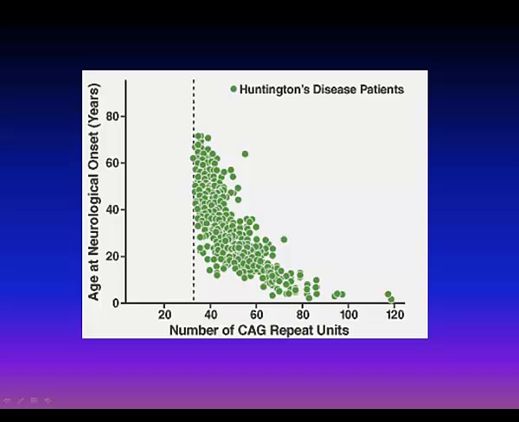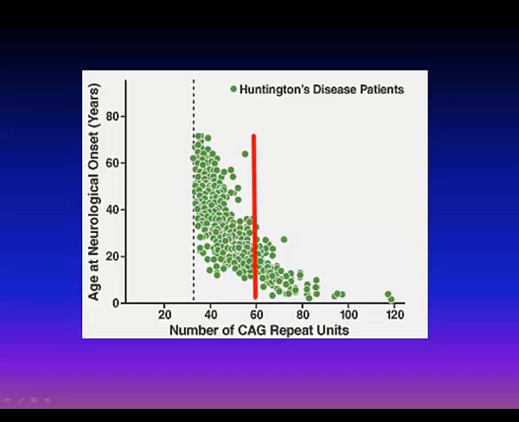By severity, I mean the age of onset. These data have a very steep negative slope, and you can see that when individuals have more than about 60 CAG repeats on one of their chromosomes.